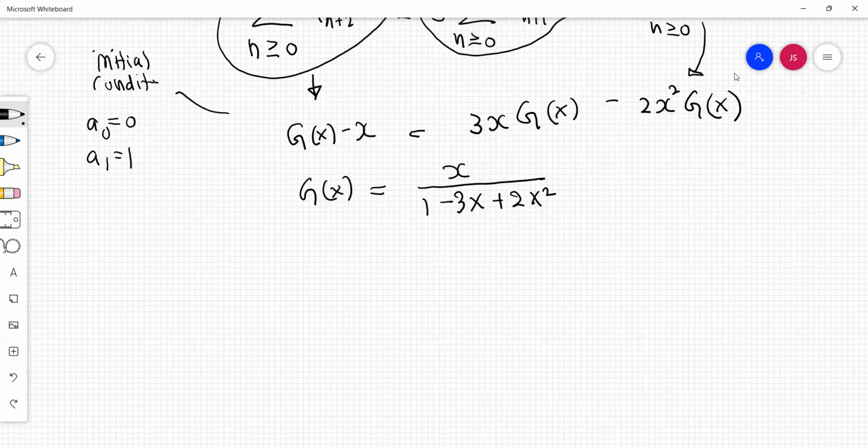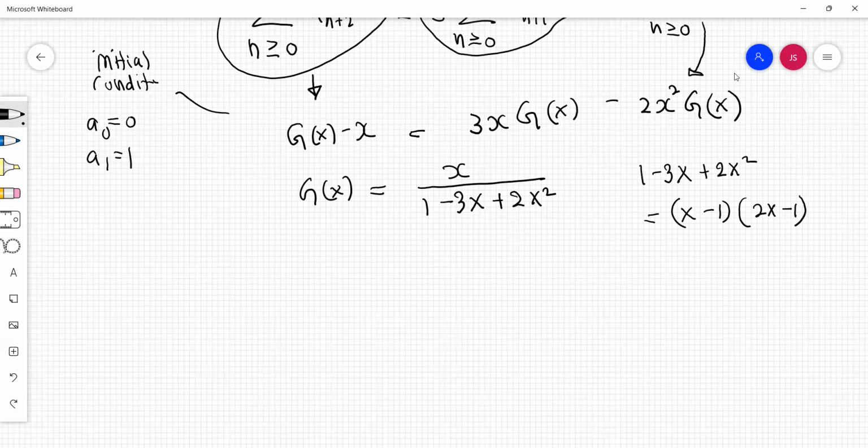You can see that 1 minus 3x plus 2x squared is equal to (x minus 1)(2x minus 1). So it can be factored like that.